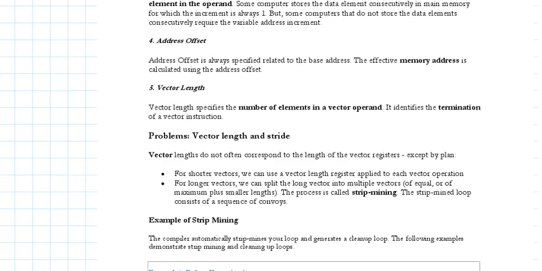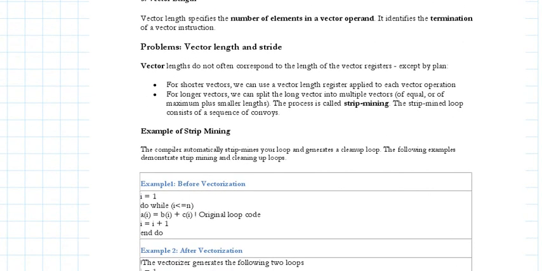So lastly, you have to study these two concepts called vector length and vector stride. This came out of basically the problems which were faced while developing the vector processors. Why did these problems occur?